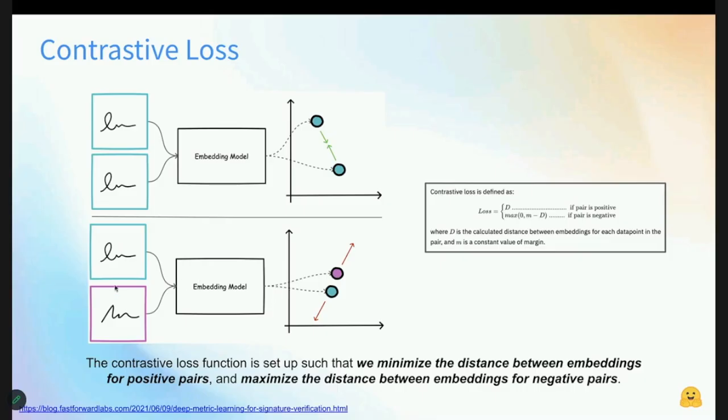And then conversely, if you have a labeled example where they are actually different, so the query and the document going into the training example are ground truth of 0, we would expect the embeddings for them to be pushed further apart in embedding space. And so this is what the training process does: it uses this contrastive loss function to minimize the distance between embeddings for positive pairs and try to maximize the distance between embeddings for negative pairs.